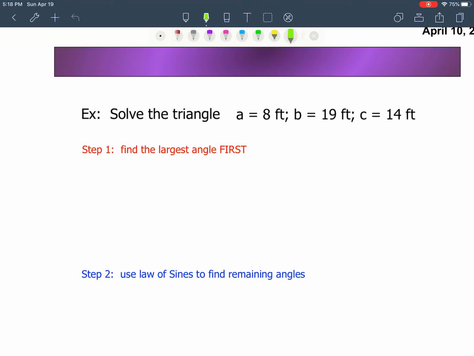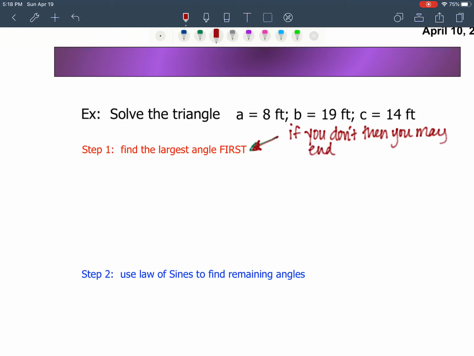The reason being, and you can explore this on your own, is that if you don't, then you may end up with the ambiguous case of the law of sines later on. So we want to avoid that at all costs.